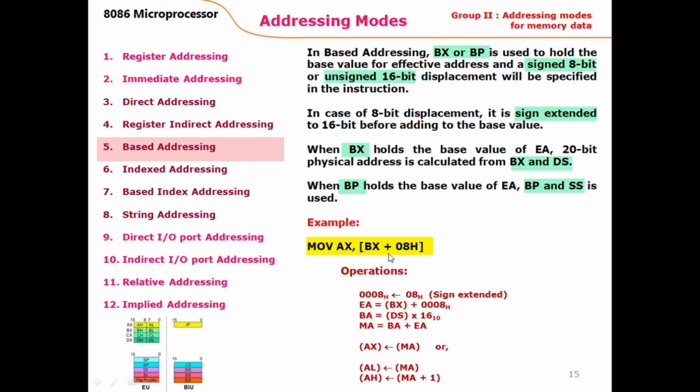The sum of these two values would give us the effective address, which is added with the base address of the segment. In this case, it is the data segment. And the 16-bit content from that physical address is then transferred to the AX register.